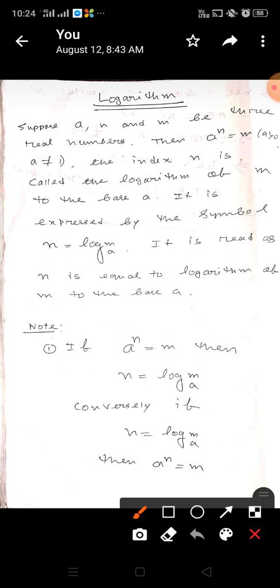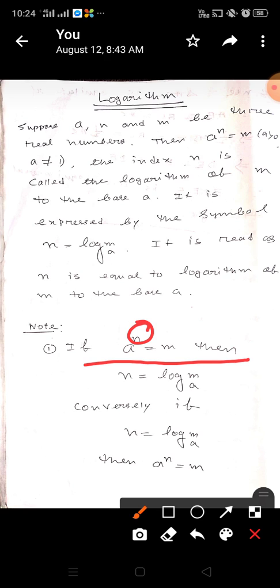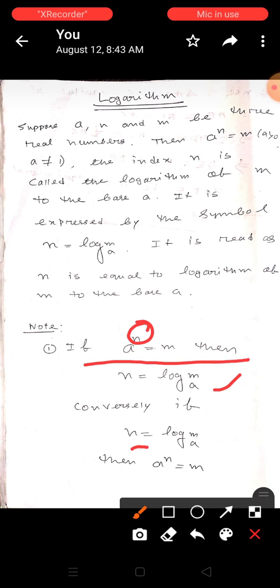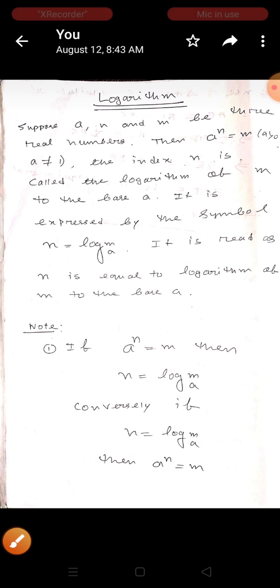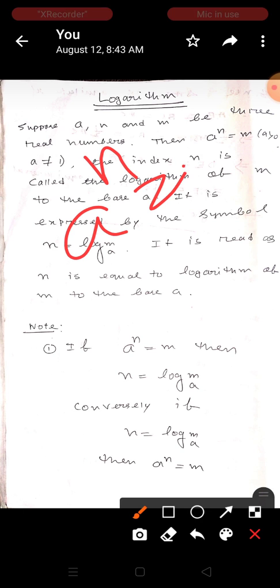Now there are some formulas. We know that if a to the power n equal to m, then n can be written as log of m to the base a. Conversely, if n equal to log of m to the base a, then a to the power n equal to m. a always stays in the base, and a always gets the power n, a to the power n equal to m.